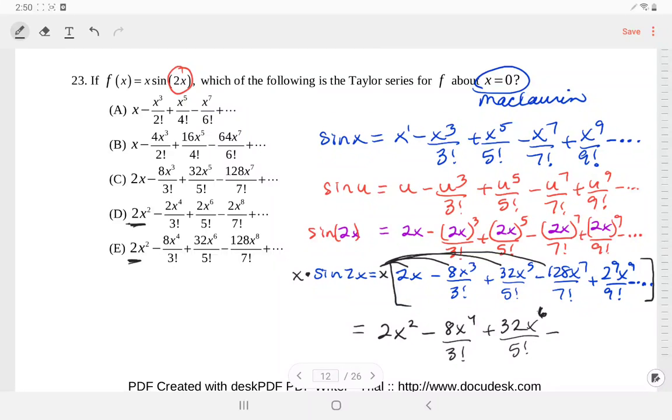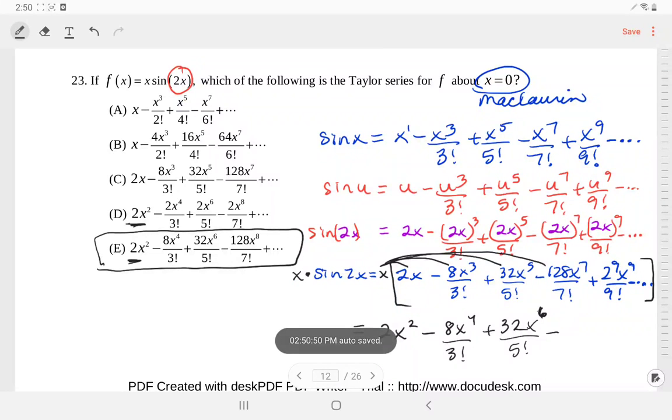I don't know why the 2 all of a sudden changed. Okay, so 32, x to the 5th, x to the 6th. Okay, I like this one. So this one is the answer. So 128x to the 8th over 7 factorial plus ... There we go.